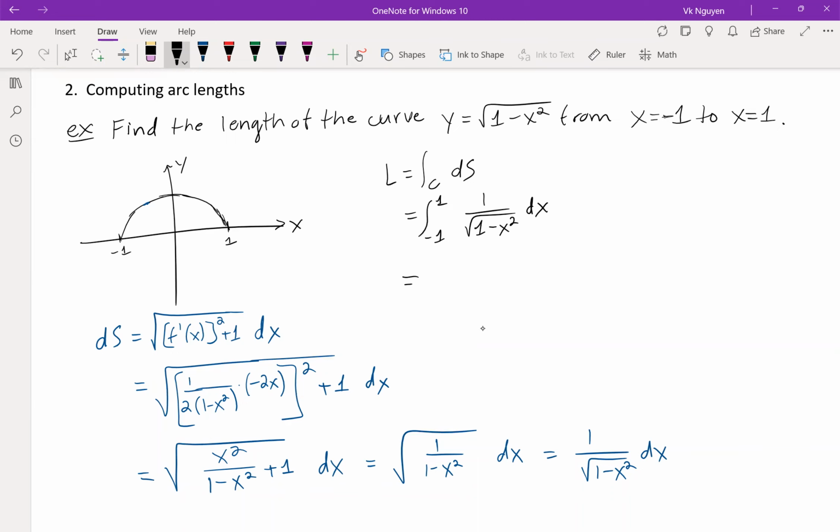The antiderivative of 1 over root of 1 minus x squared is arcsin. From -1 to 1, arcsin of 1 is pi over 2, and arcsin of negative 1 is negative pi over 2, which gives us pi.